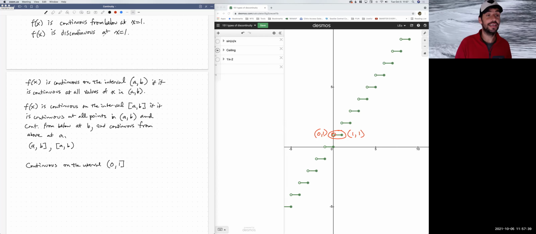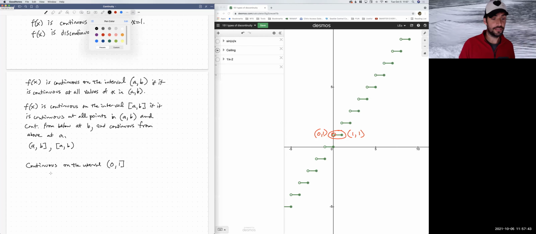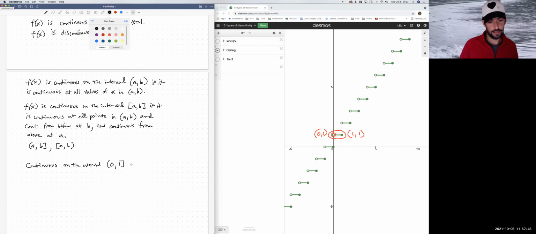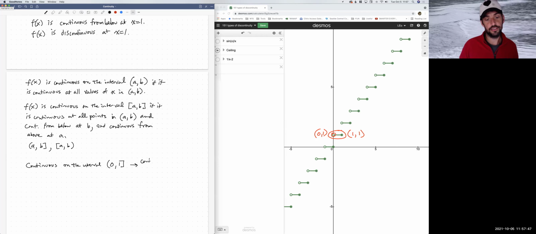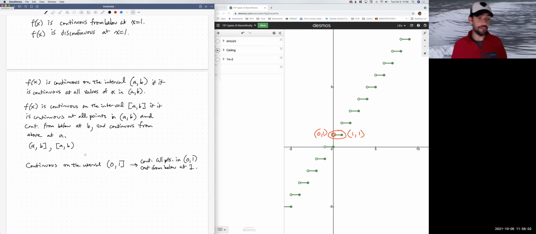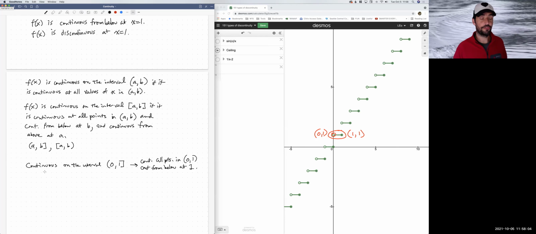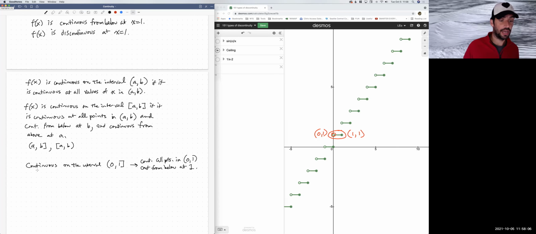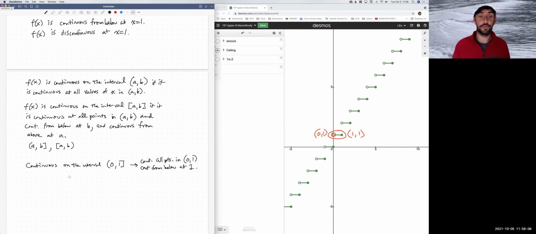And what we mean is it's continuous for all points in (0, 1), and continuous from below at 1, okay? And in fact, this is just one interval on which it's continuous.